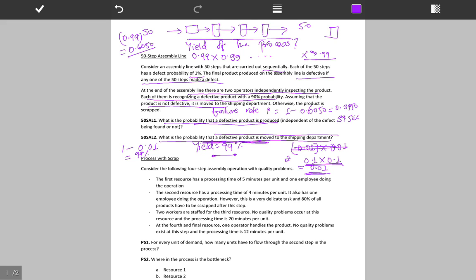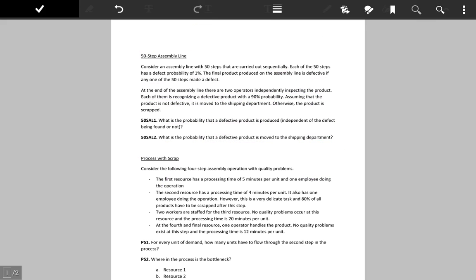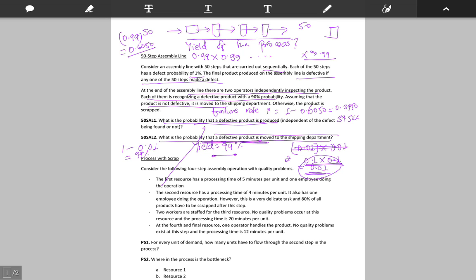Whereas in this Swiss cheese model, you can't just multiply the yields. You have to multiply the defective rates and then subtract it from 1 to get the yield. If you remember it that way, it's easier to keep things straight. So the answer for this is here. For the next question, the paper here is not enough, so I'm going to move to a blank page.